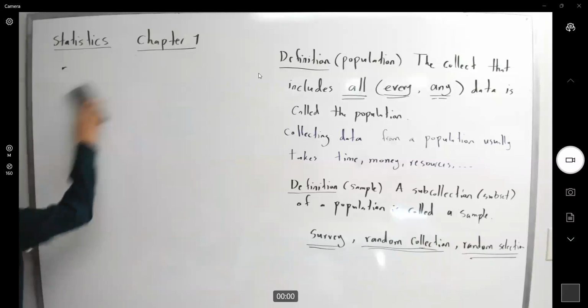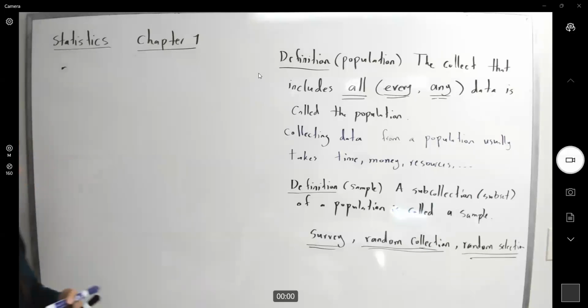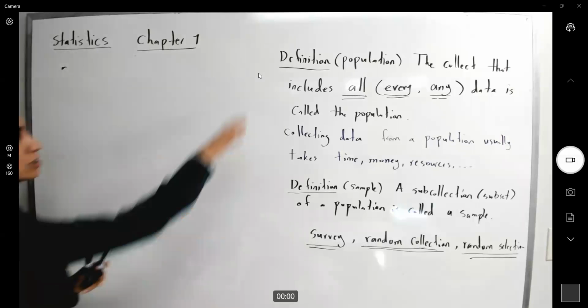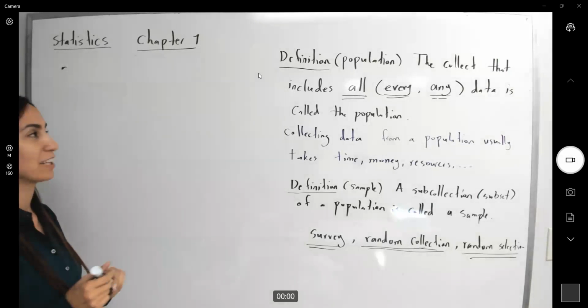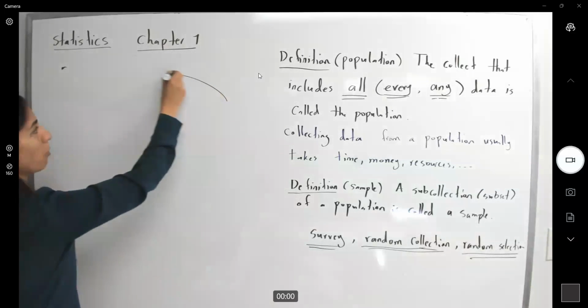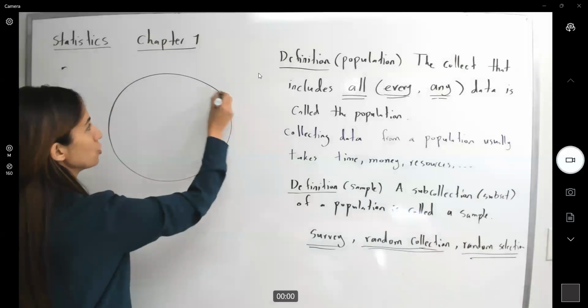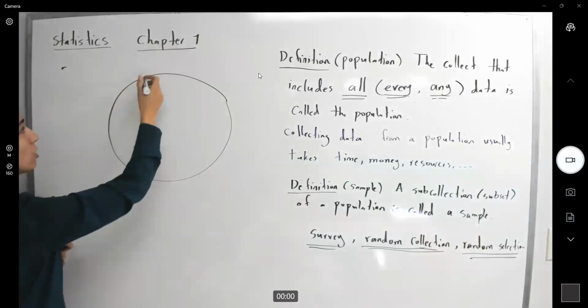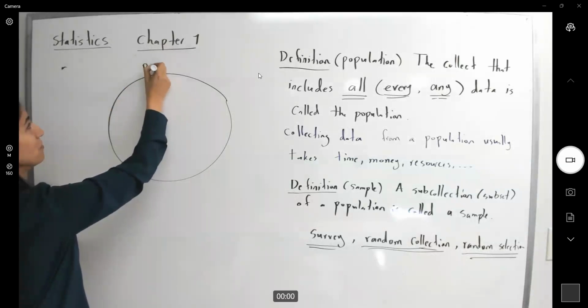In math, they use a Venn diagram to distinguish between a population and a sample. For a population, you use a big circle, population.